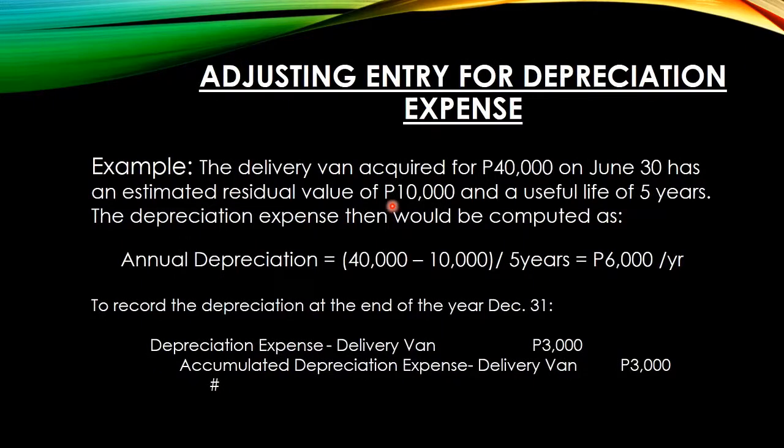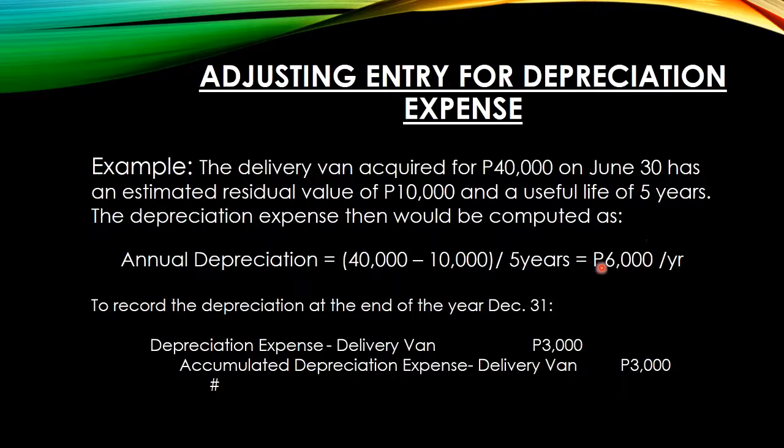So, another example. The delivery van was acquired for 40,000, but this time on June 30, with a residual value of 10,000 and a useful life of 5 years. Our annual depreciation is still 6,000 pesos, but that is for a year.